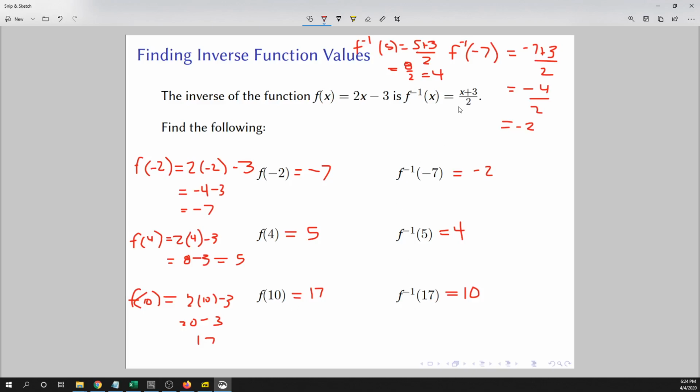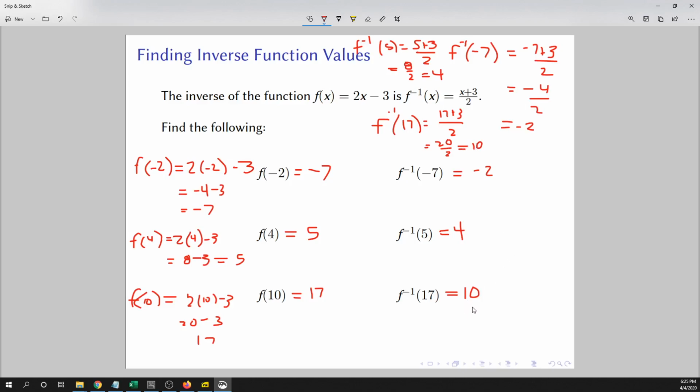But we might as well go ahead and check it out. If I plug a 17 into f inverse, we get 20 over 2, which is 10. Just like we said it was going to be.